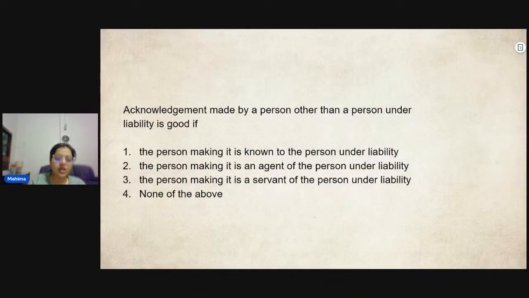Correct. Acknowledgement made by a person other than a person under liability is good if the person making it is known to the person under liability, the person making it is an agent of the person under liability, the person making it is a servant of the person under liability, none of the above.